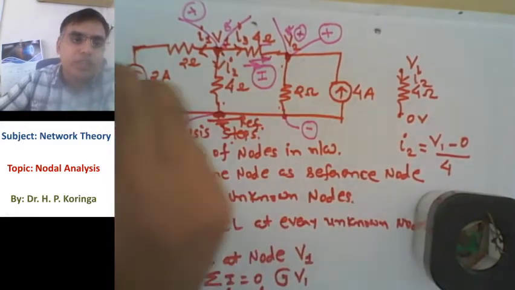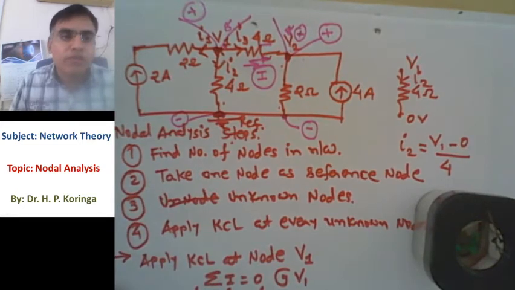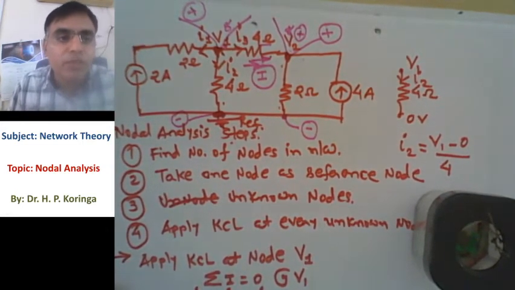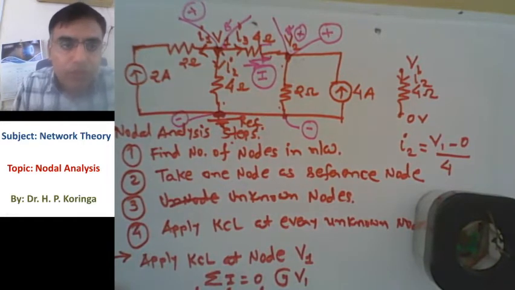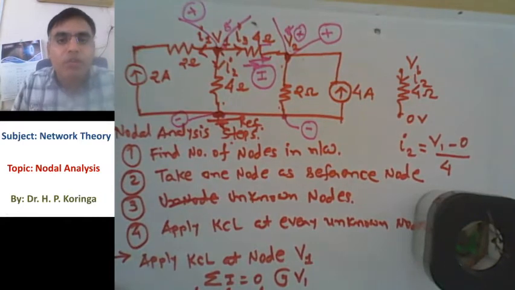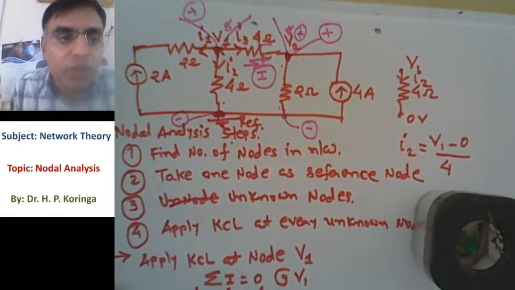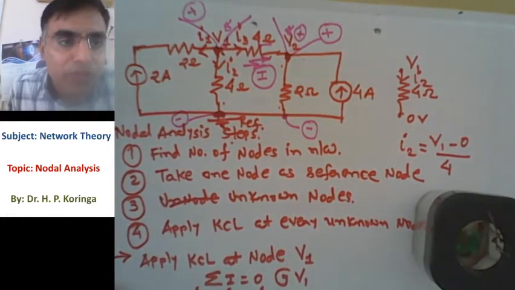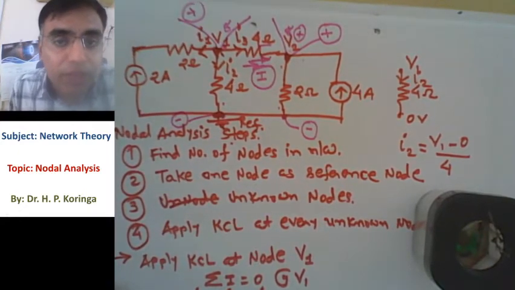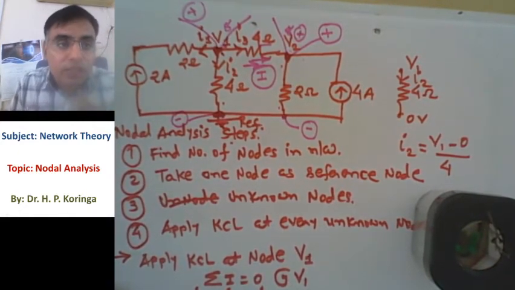Whatever we have found is with respect to the reference node. If you want to find the V2 potential with respect to V1, then we have to subtract the V1 voltage from V2.